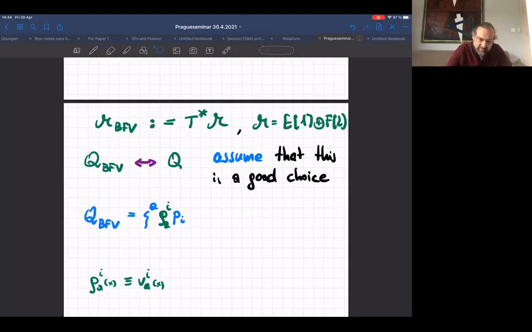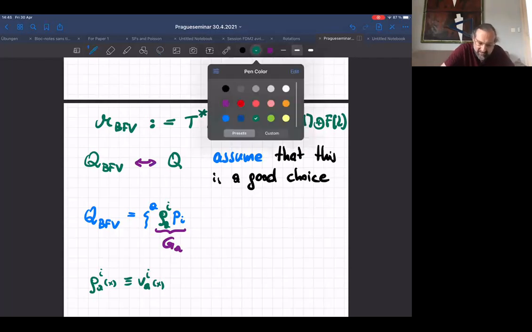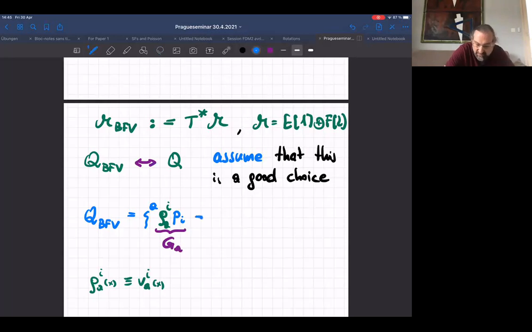And actually here you also see the constraints, maybe I should show it again. So this is just the G A, and in the introduction I told you that this BFV charge starts with ghosts times the constraints. So this is the first part, which works well. Then there is a continuation of this.